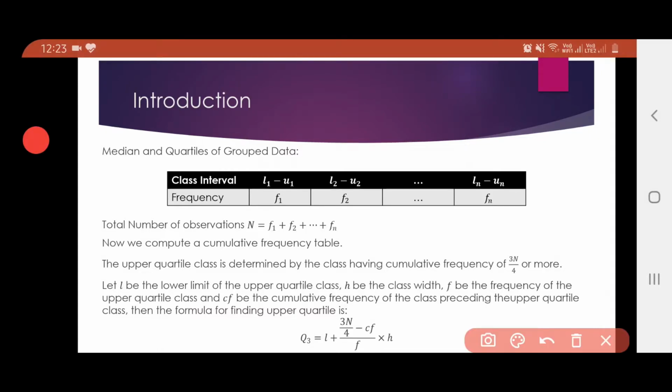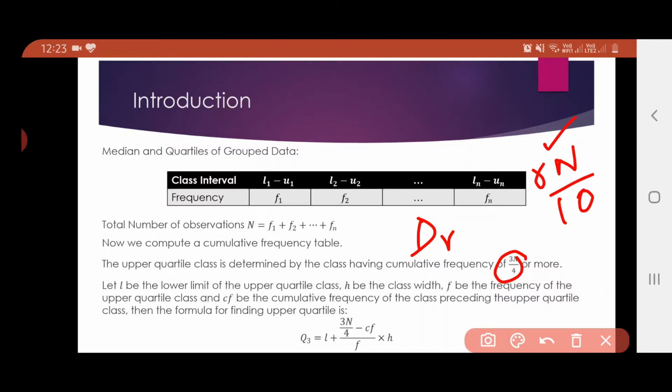So instead of quartiles, if I want to find the decile, say Dr, first I need to find out the decile class, the rth decile class. How to find the rth decile class? Instead of 3n by 4, it will become rn by 10. So we have to find the class containing cumulative frequency equal to this or more than this.